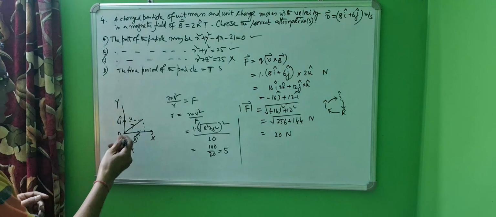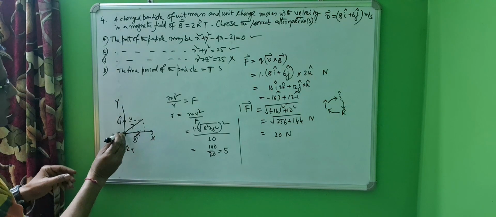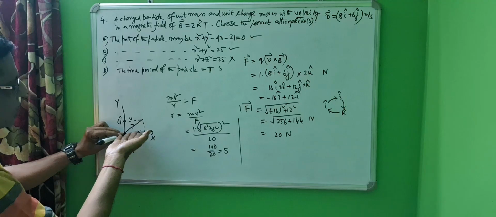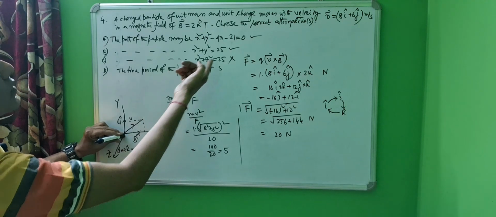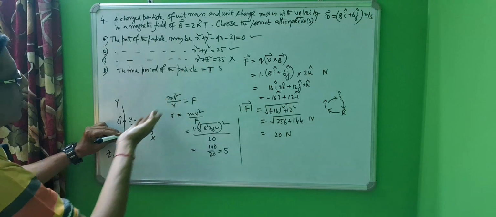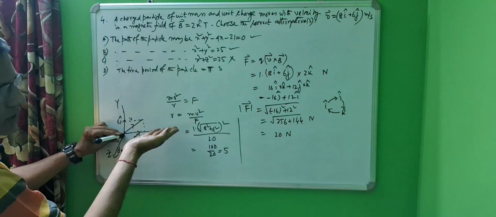So this is the x-axis and this is the z-axis. This plane is the xz plane. At this plane, the equation holds good. So this will not be the result.